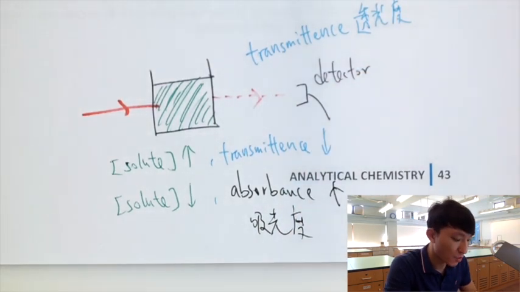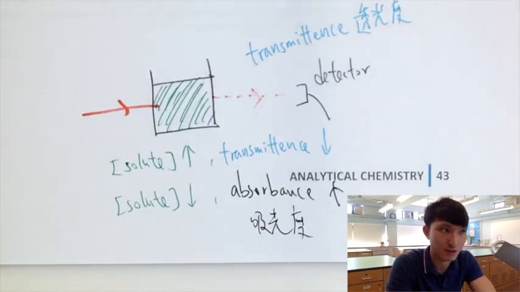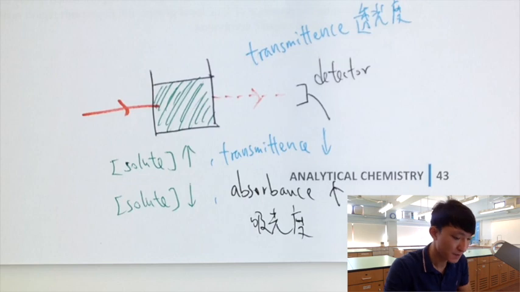If more light is absorbed, less light is able to transmit across the sample.